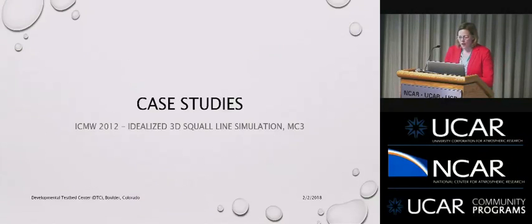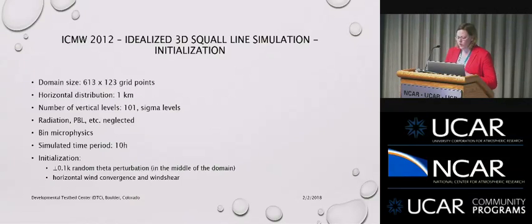And now I would like to talk about the case study. Squall lines and convective cases are really sensitive to the description of dynamic-microphysics interactions, so the accurate forecast of these types of weather phenomena is really important. In this idealized 3D squall line case, we used a 1 kilometer horizontal resolution with 100 vertical levels.